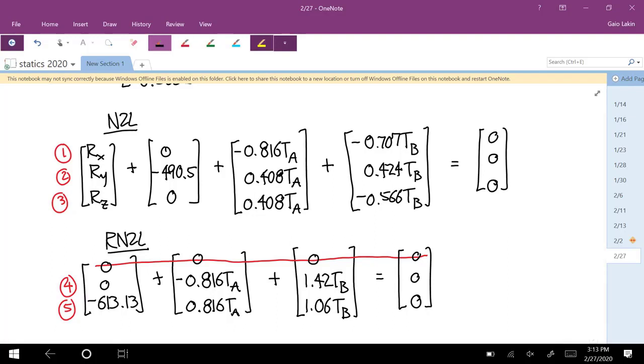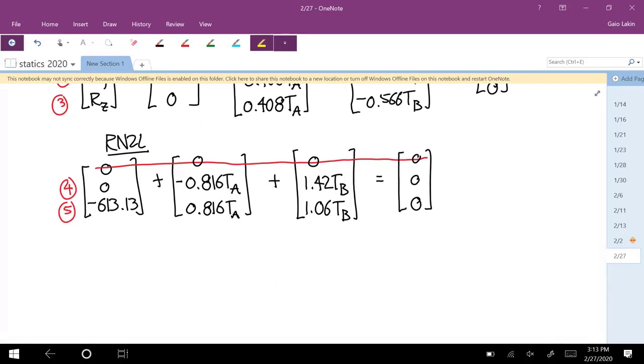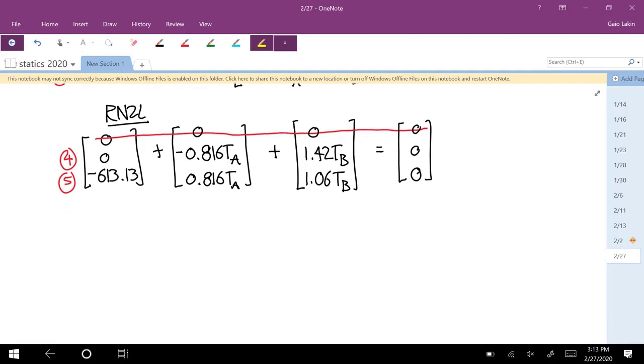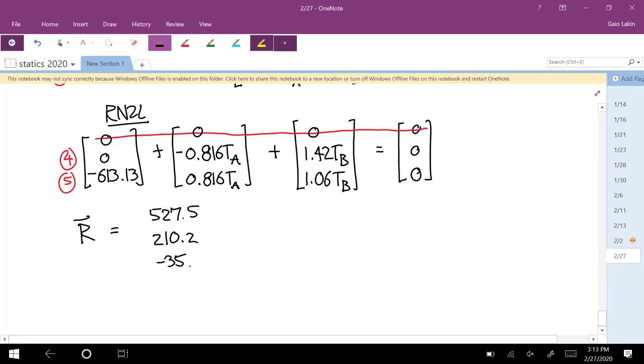And if you do this with reduced echelon form, you get that the R vector is 527.5, 210.2, and negative 35.1.